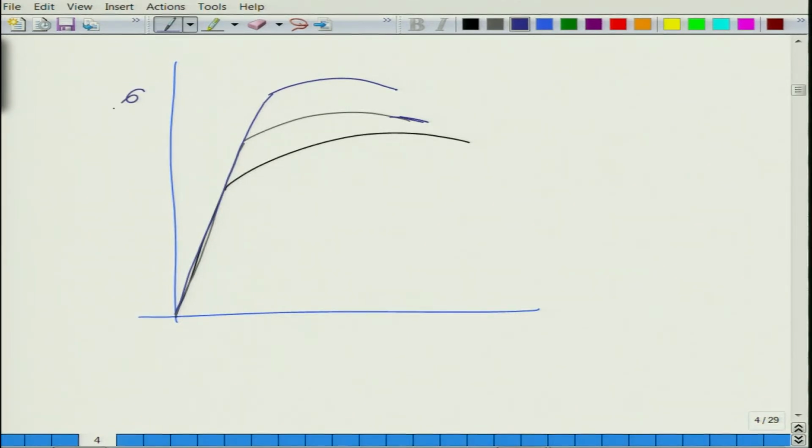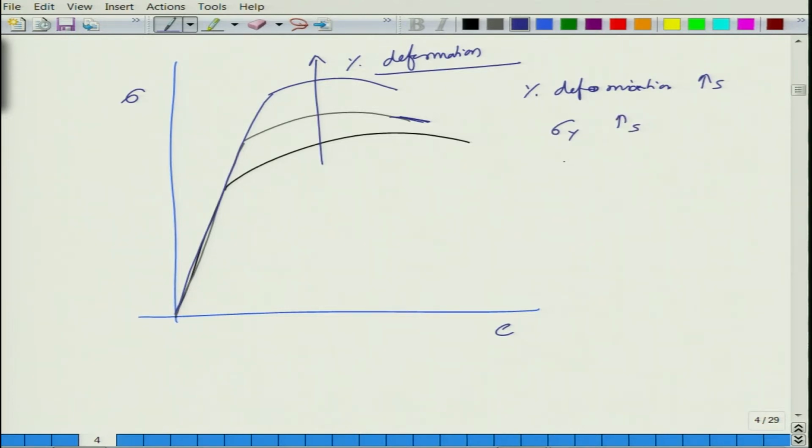So, this is sigma, this is E, and this is increasing percentage deformation. As percentage deformation increases, sigma y increases, but E decreases, the overall strain decreases, the plastic strain decreases. That is something you have to keep in mind.